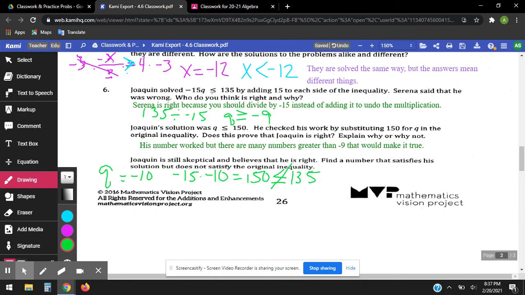So really any number less than negative 9, the opposite of what he has up here, would disprove him.